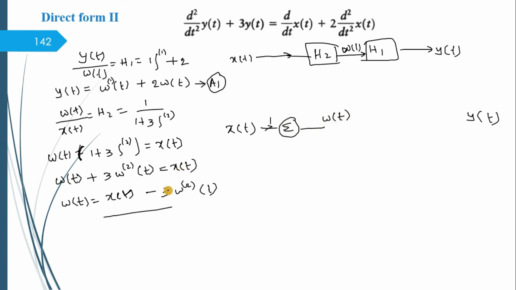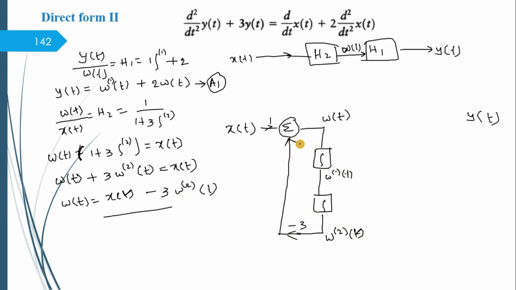It's 2 times integration. So let me take integration first. Integration one time, integration second time. So this is w2 of t. This is w1 of t. I need w2 of t. What is the constant? Constant is minus 3. So add it to this. So this will generate the w of t.